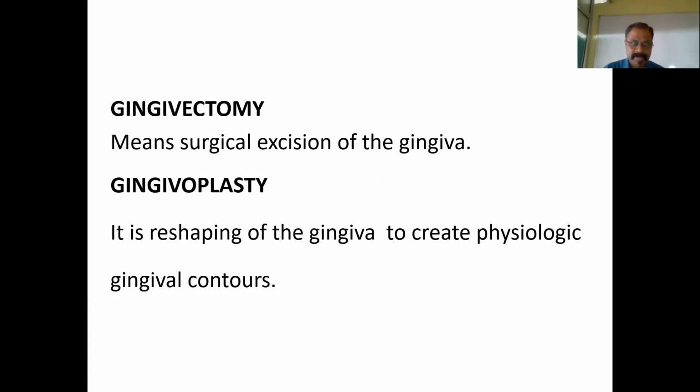Gingivoplasty, right? Plasty means reshaping. So it is a reshaping of the gingiva to create physiological contours. You should remember these two definitions. Gingivectomy is the surgical excision of the gingiva to remove the soft tissue wall of your pocket. Gingivoplasty is the reshaping of the gingiva to create physiological gingival contours.